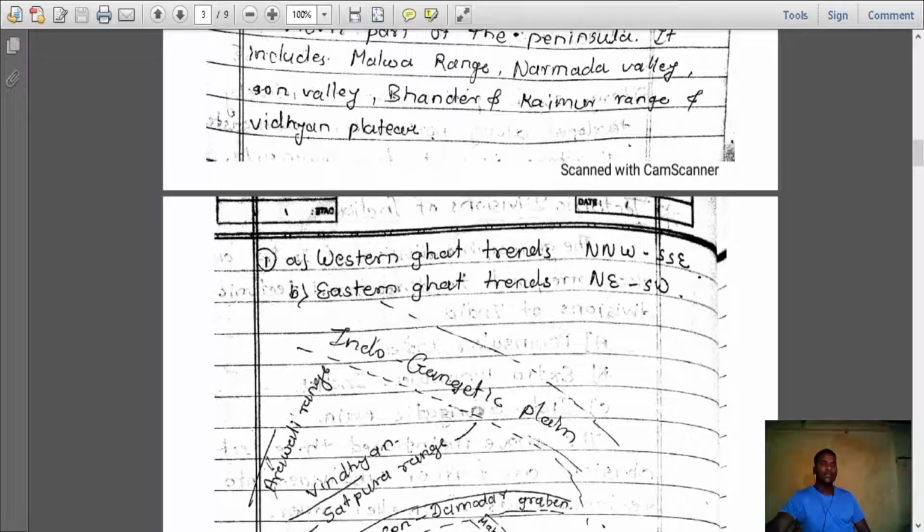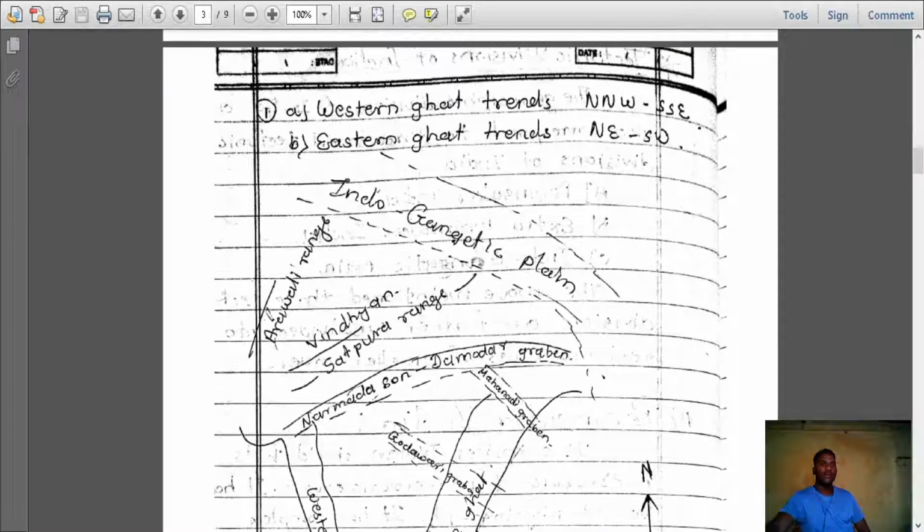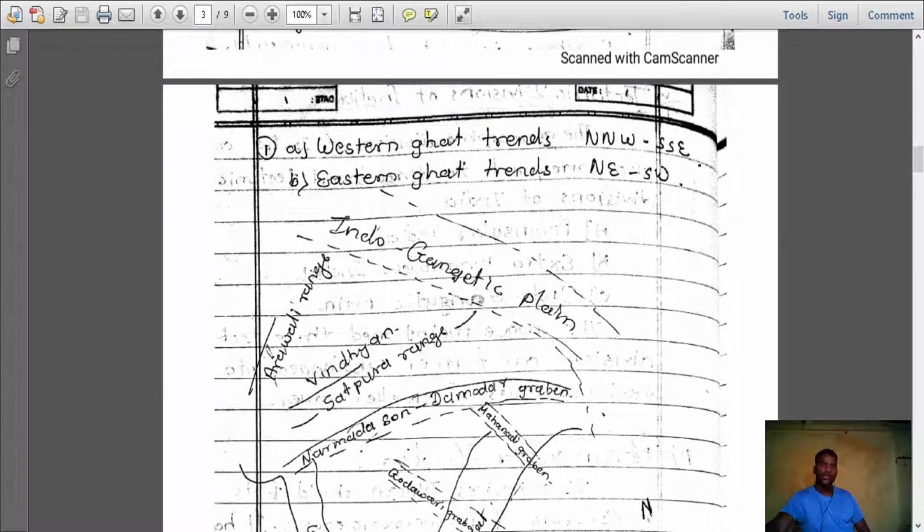Among the different ghats, the Western Ghat trends north-northwest to south-southeast. Here we can see in the figure, the Eastern Ghat trends northeast to southwest.